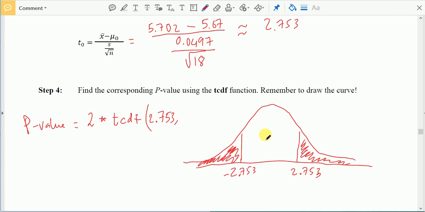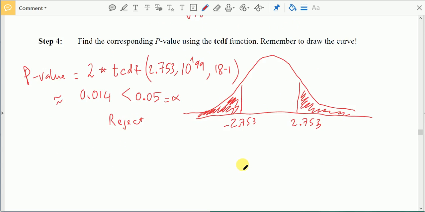So the upper bound is a very large number, and I told you guys to use 10 to the power of 99. And then the degrees of freedom is n minus 1, 18 minus 1, so it should be 17, right? And this turned out to be 0.014, and of course this is less than 0.05, the significance level. So less than, we reject.